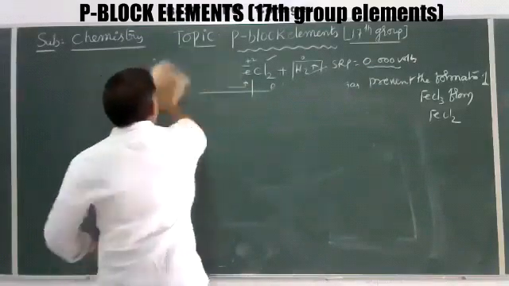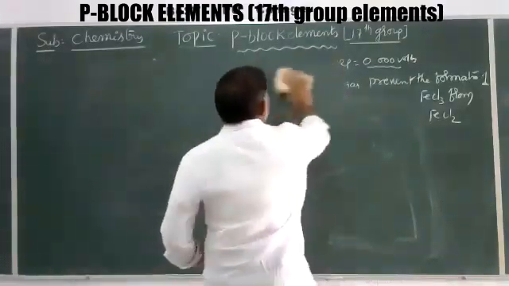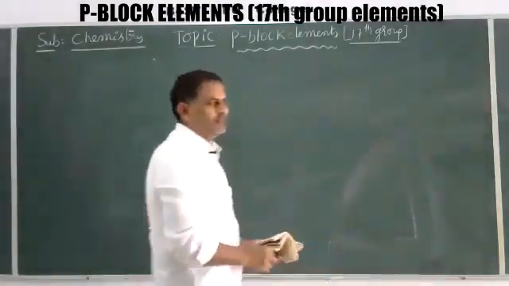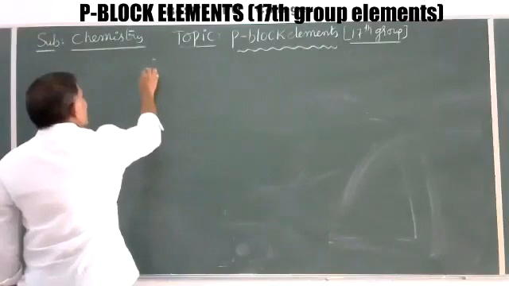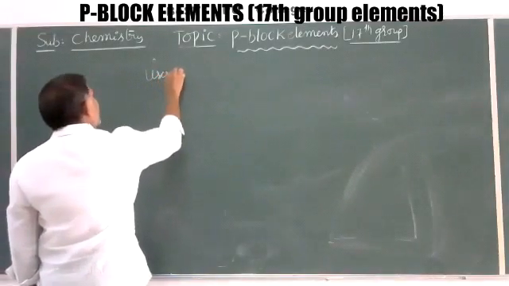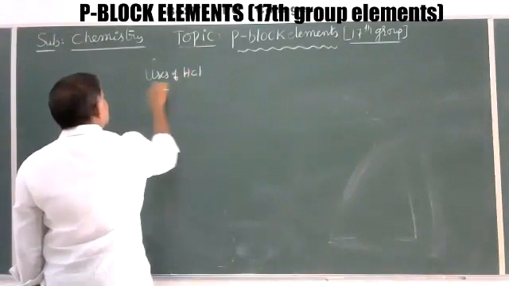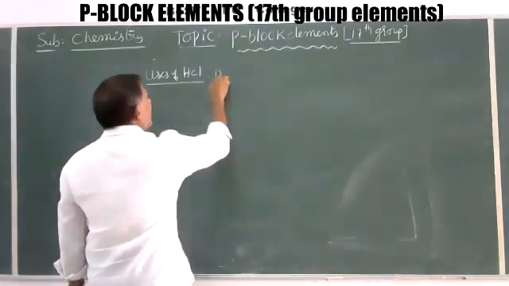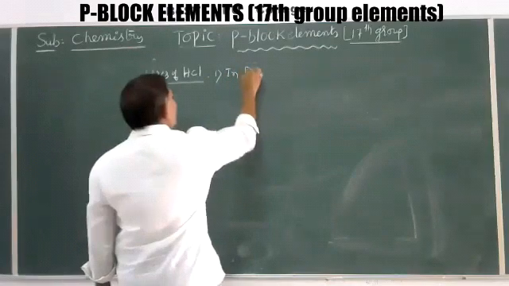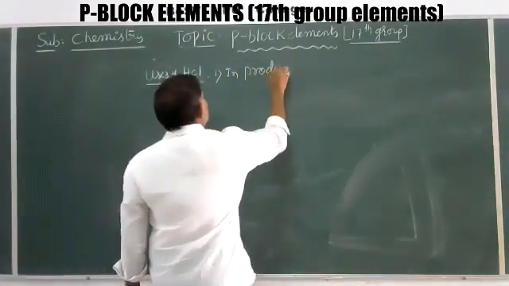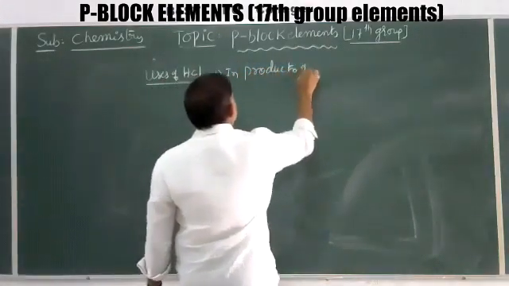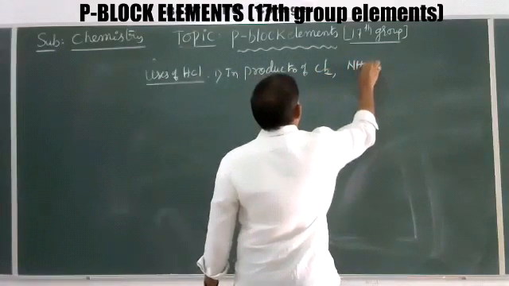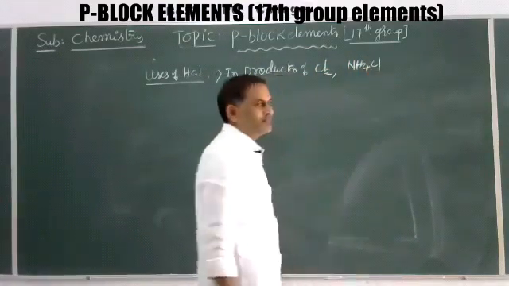The next one is very simple: the uses of HCl, hydrochloric acid. It is used in the production of Cl2 gas as well as ammonium chloride, NH4Cl.